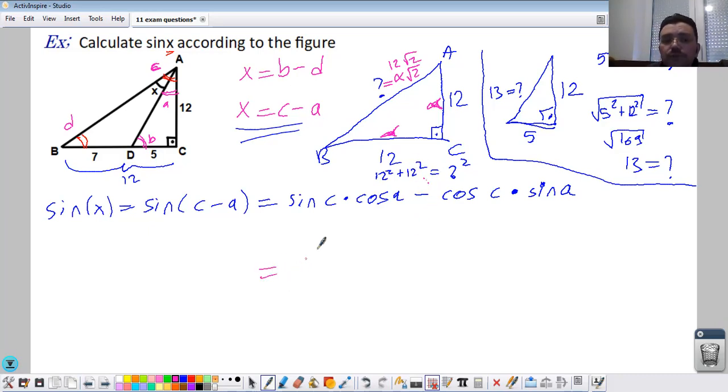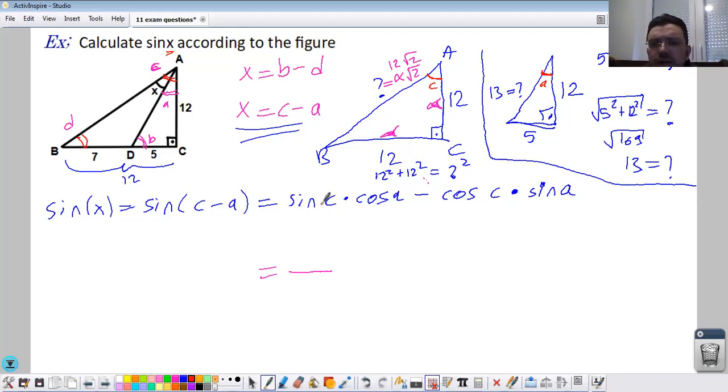Anyway, after you get those triangles and numbers ready, it is time to find the solution. Sine of C angle. Which one is C? C belongs to the big triangle on the top part. This is the C angle. And A belongs to the small triangle on the top part over there.